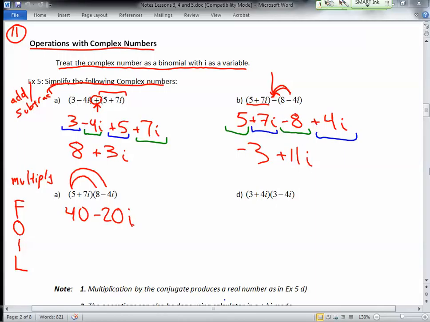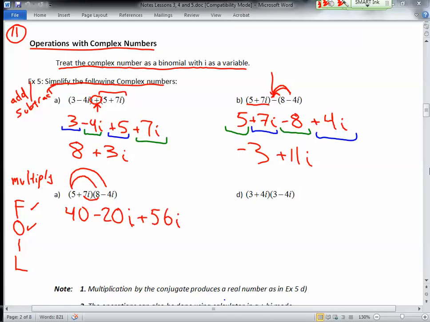Hey, wait a minute. These ones are exactly the same as the ones we had before. Yes, they're exactly the same as the warm-ups, except we're going to see there's one more step because we're working with i's. We'll see that in a second. So I did my first, I did my outer, and I'm going to do my inner as a 7i times 8, and that gives me a positive 56i.